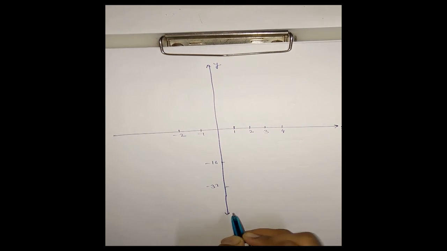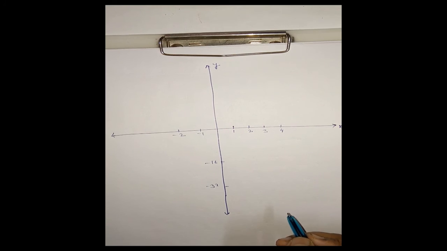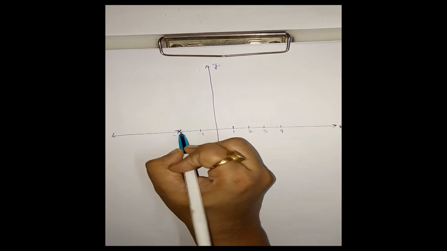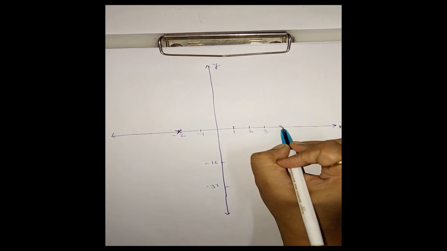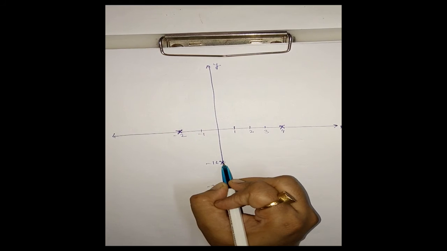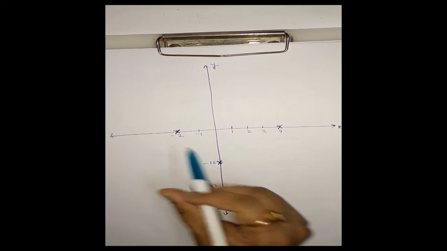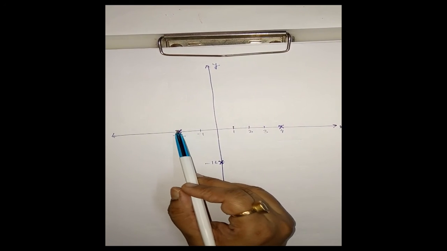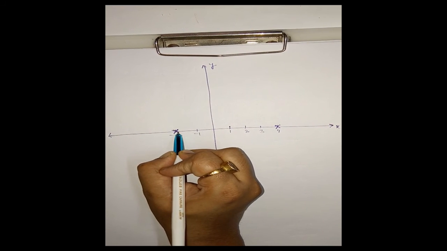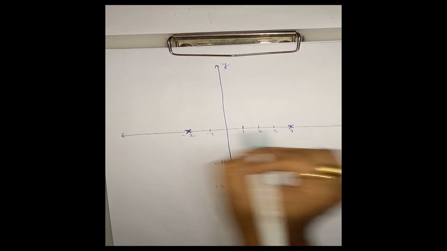Okay, this is my y-axis, this is my x-axis. Now points of intersection with coordinate axis. First point is this, second point is this, and this is my third point with coordinate axis. Okay, these are the points. Now at this point minus 2, 0, tangent is x-axis.